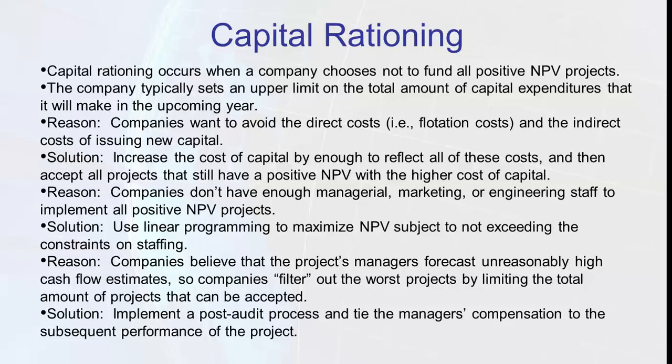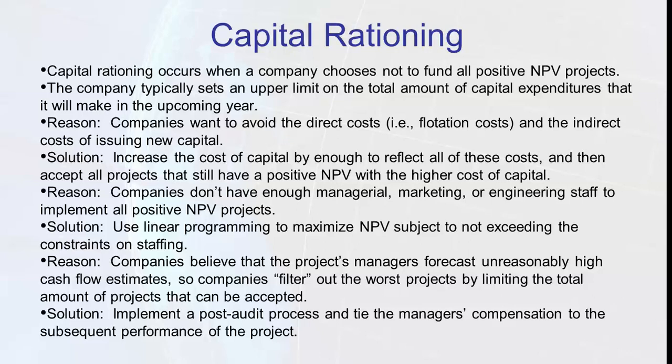Another reason is companies do not have enough managerial, marketing, or engineering staff to implement all positive NPV projects. In that case, use linear programming to maximize NPV, subject to not exceeding the constraint on the staffing.